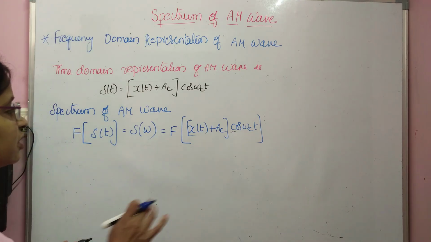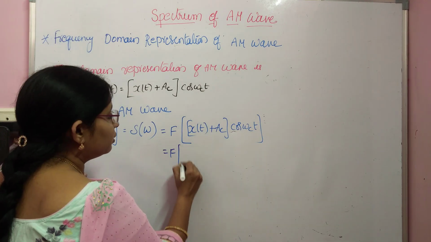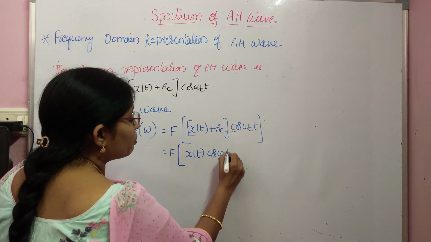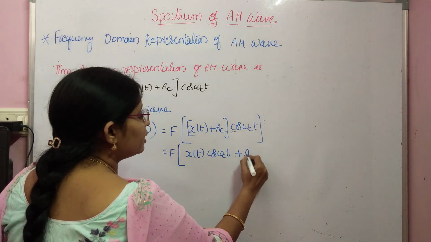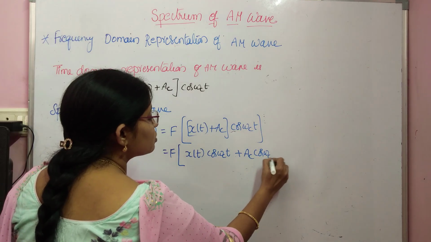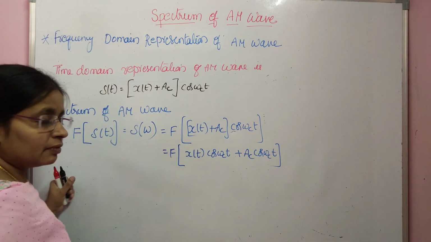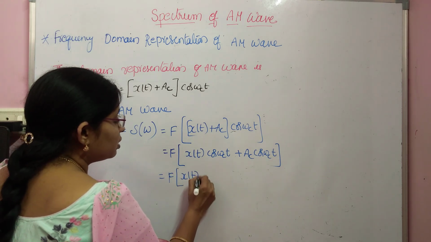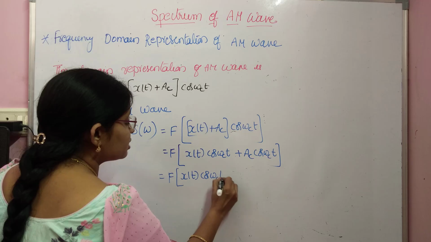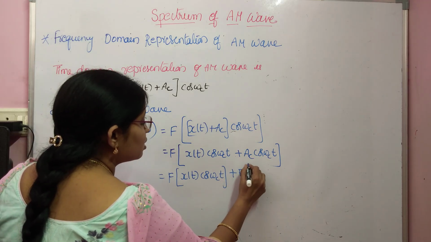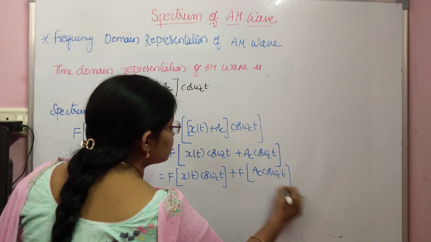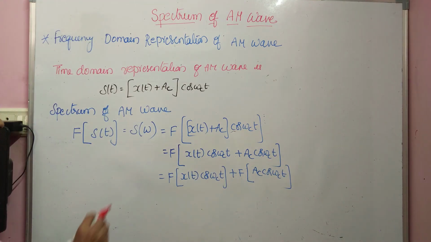So I'll take one by one. Expanding, the first term is x(t) cos(ωc t) and the second term is Ac cos(ωc t). So this is the Fourier transform of x(t) cos(ωc t) plus the Fourier transform of Ac cos(ωc t). First, I'll consider the first term.